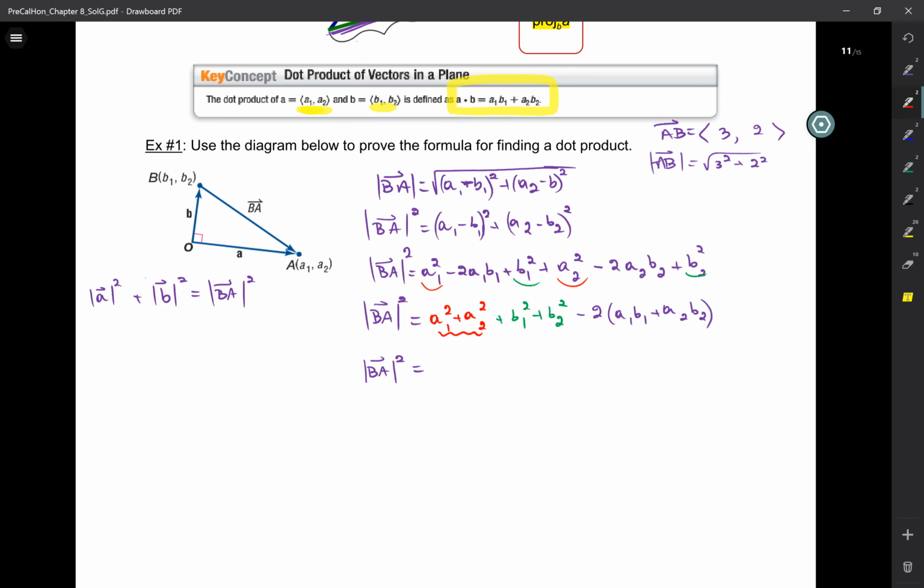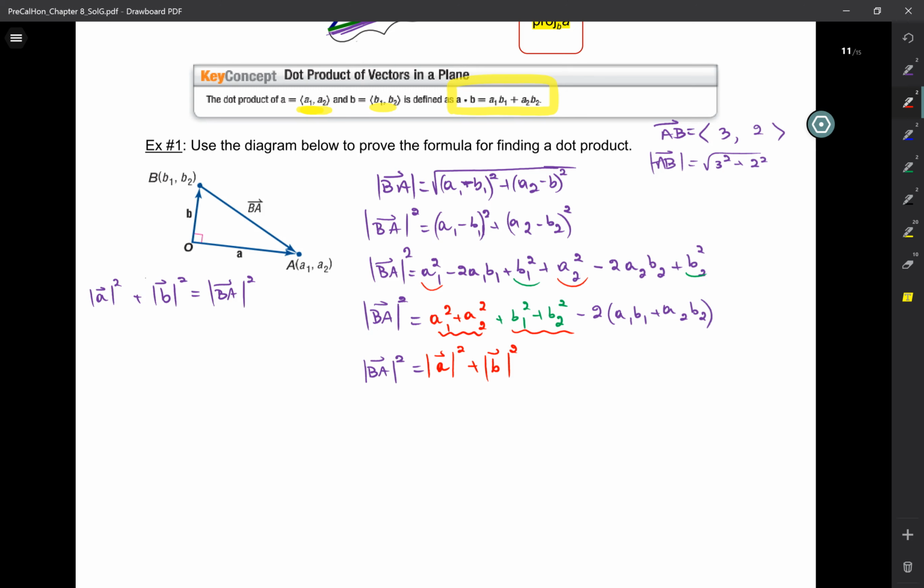All right, so here I have my coordinates, my component form A, right? So these two are just the length of A squared plus the length of B squared.